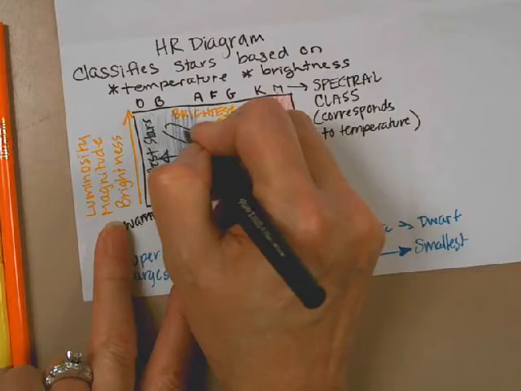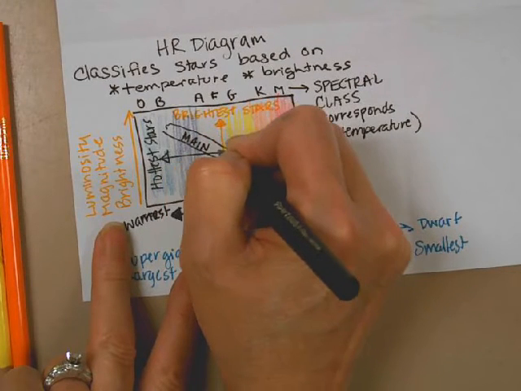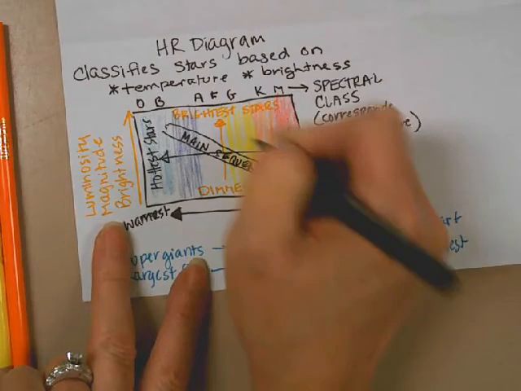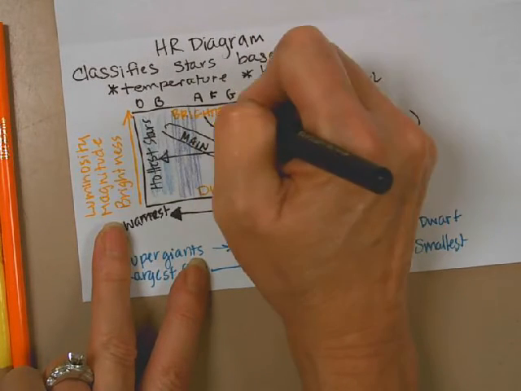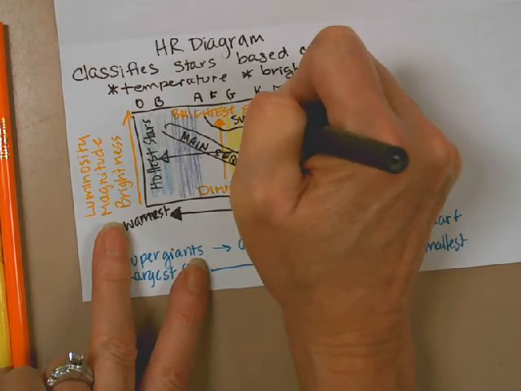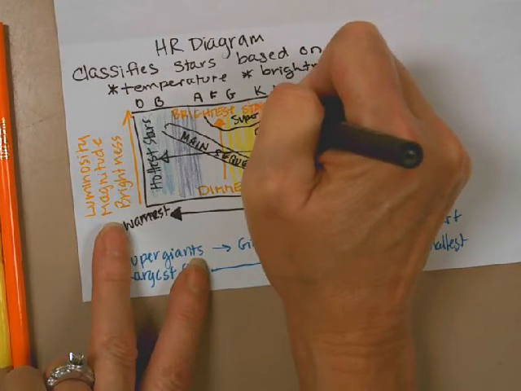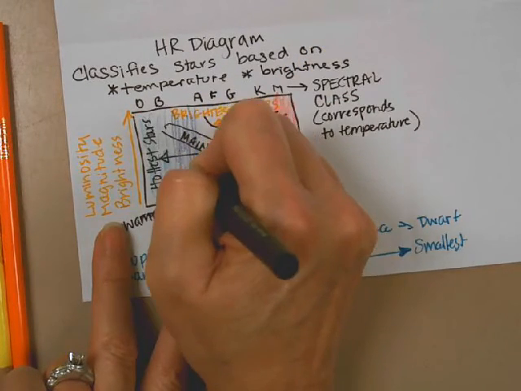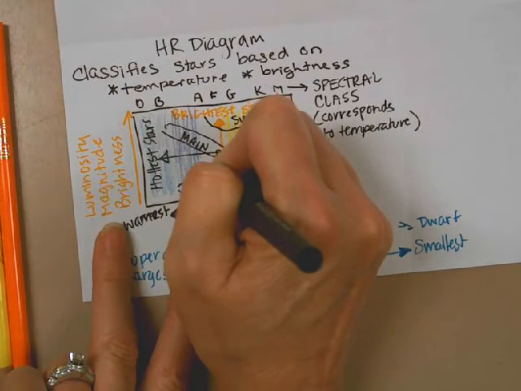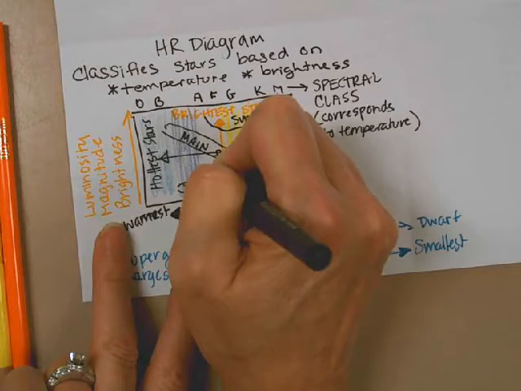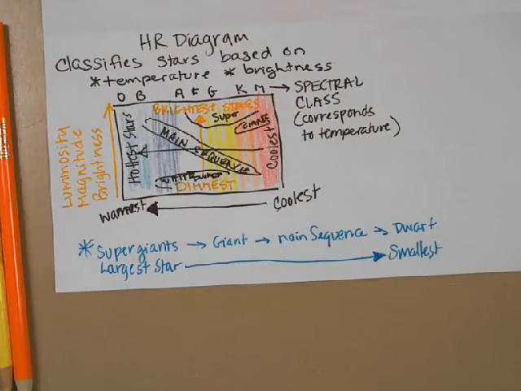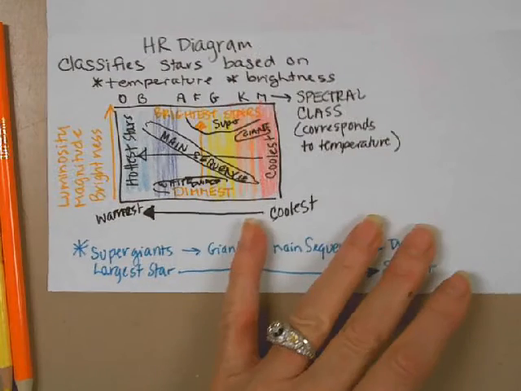Kind of across the board, main sequence. And then you had those supergiants. And then the giants. And then somewhere in here you had the white dwarfs. Very dim. All right. So that's kind of a makeshift HR diagram.